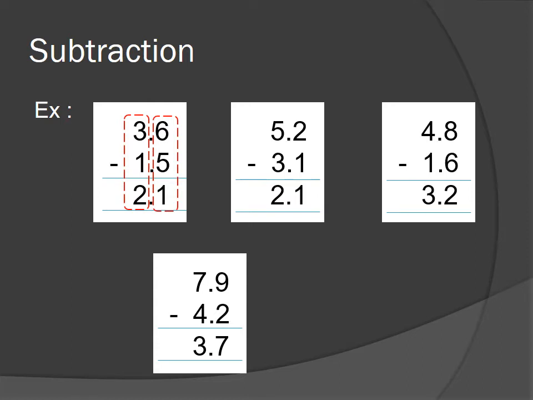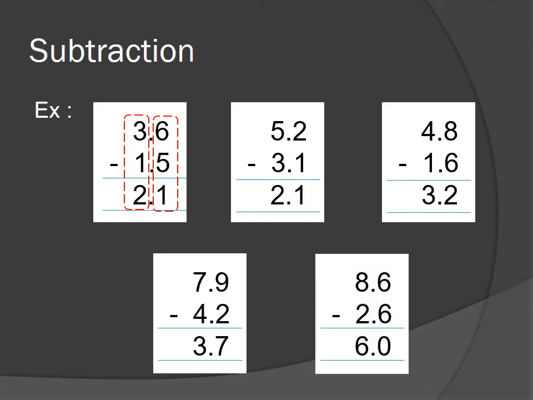You can write that 7 in the tenths place. 7 minus 4 is equal to 3. You can write that number in the ones place. So the final answer is 3.7. 8.6 minus 2.6. 6 minus 6 is equal to 0. 8 minus 2 is equal to 6. So the final answer is 6.0.